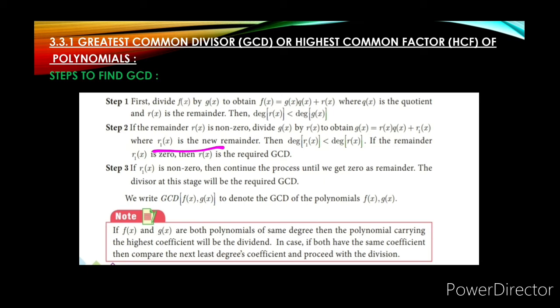Then we get the degree of r1 of x is less than the degree of r of x. If the remainder r1 of x is 0, then r of x is the required GCD. I'll explain.